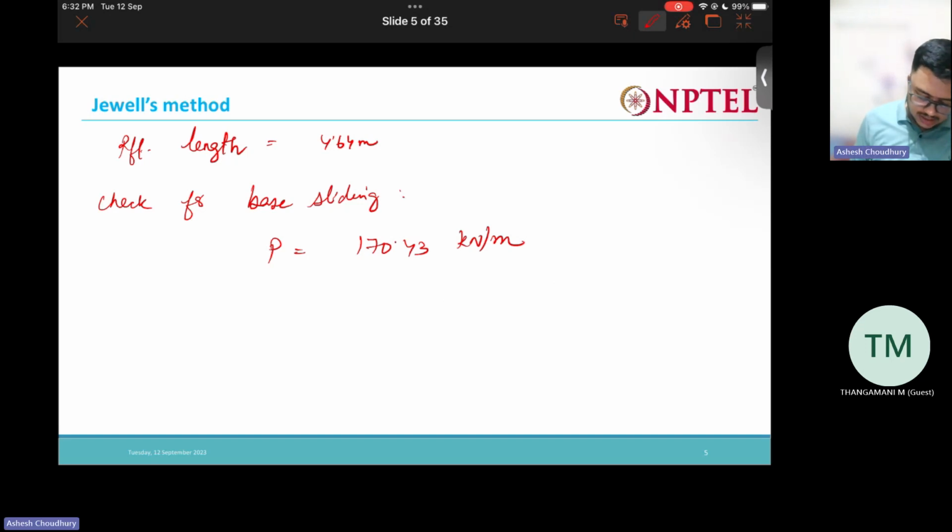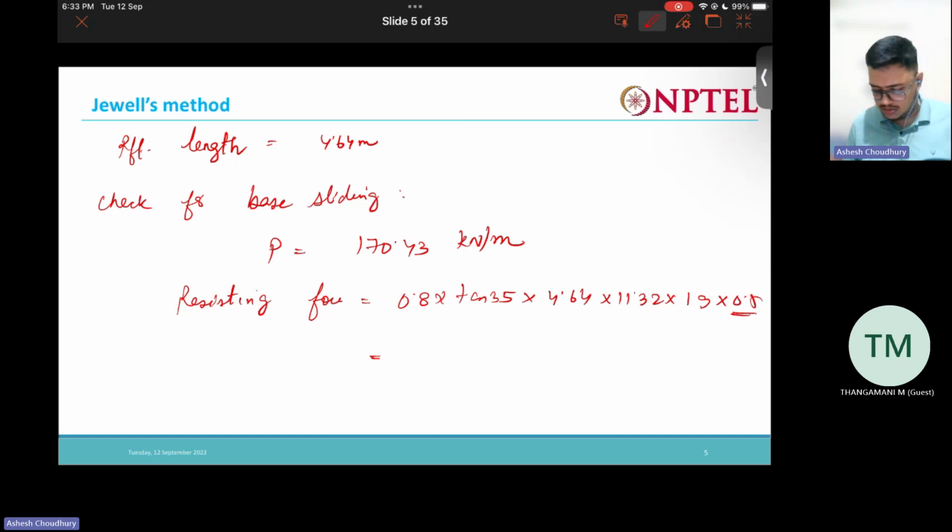Right. What is the resisting force? 0.8 times 1035 times 4.64 times height 11.32 times 19 times 0.5 because we're averaging.